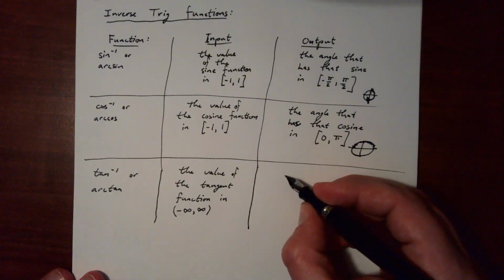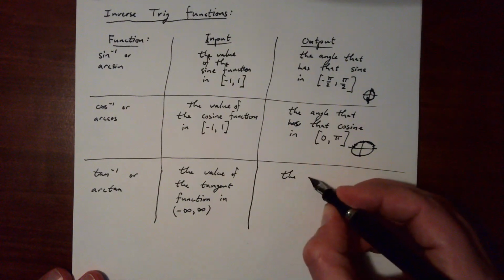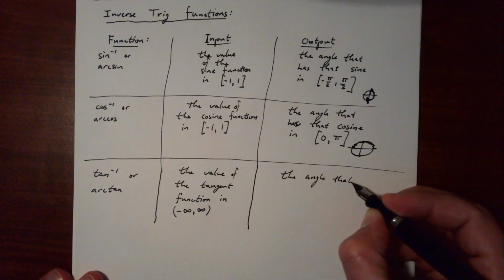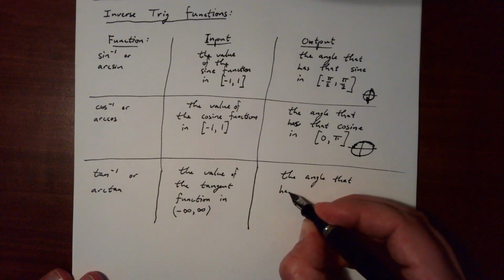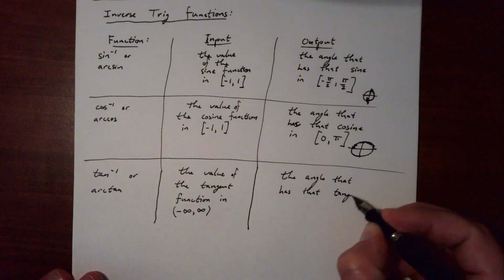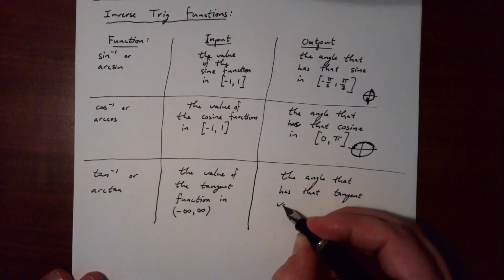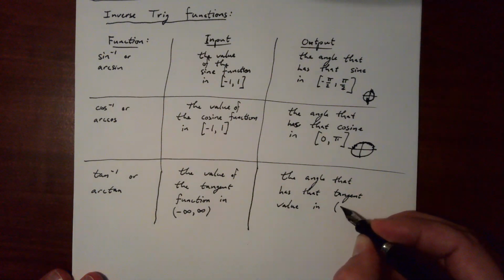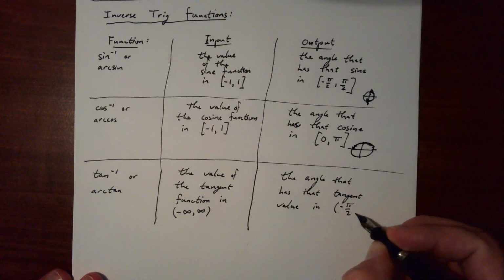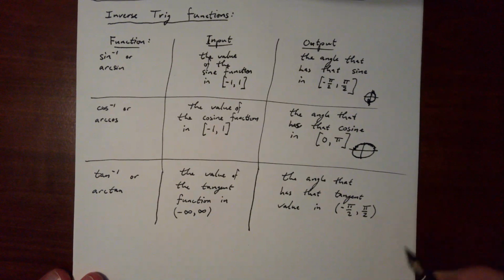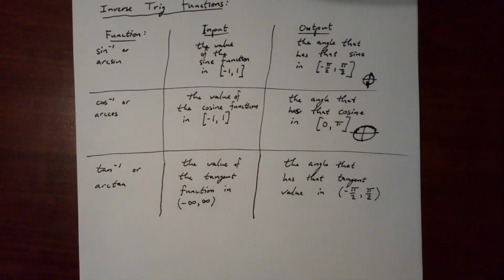And the output is going to be the angle that has that tangent value and it's going to be in negative pi over 2 to pi over 2. This time it's not included. On sine it was. This time it's not. Okay, so these are going to be the three main ones that we're going to look at.